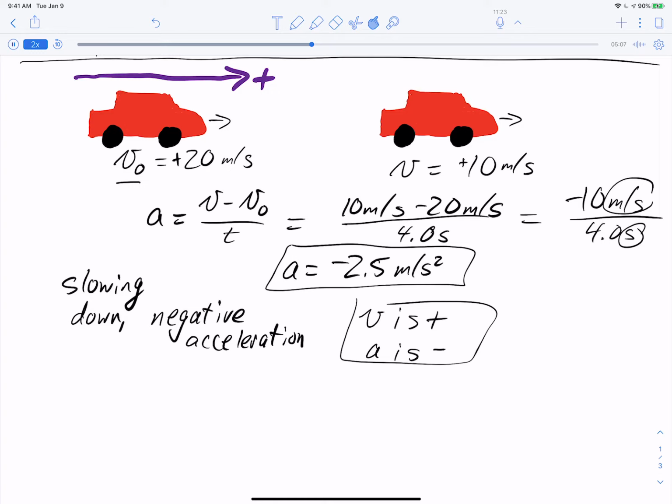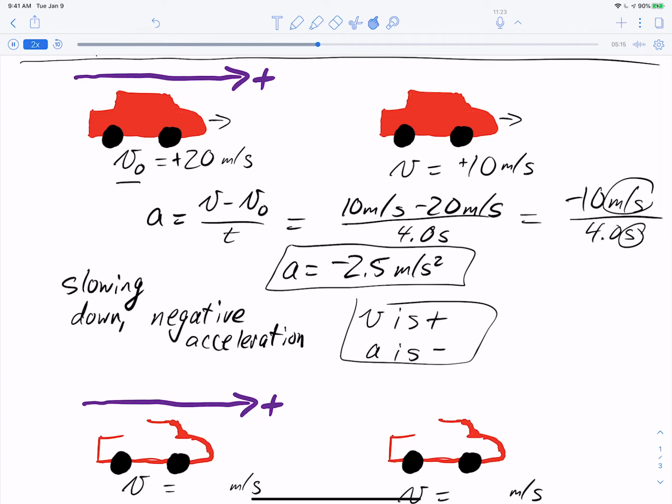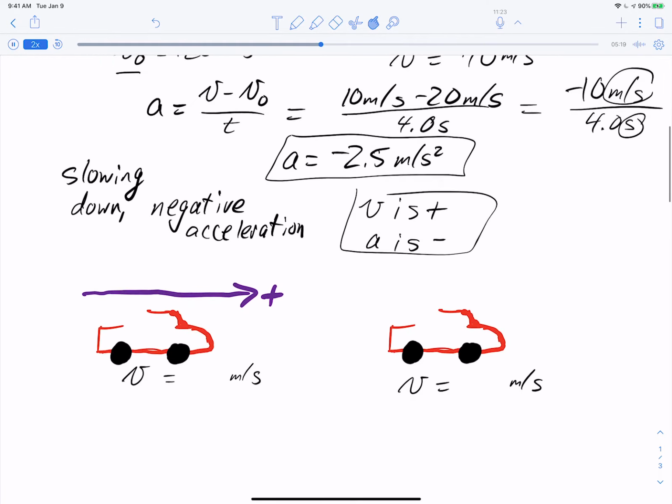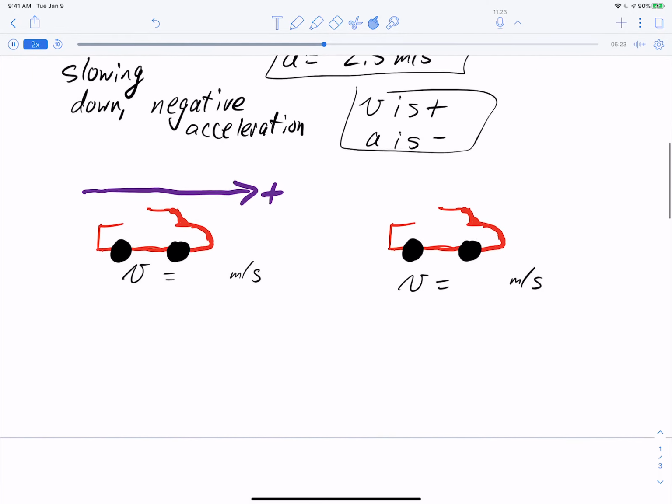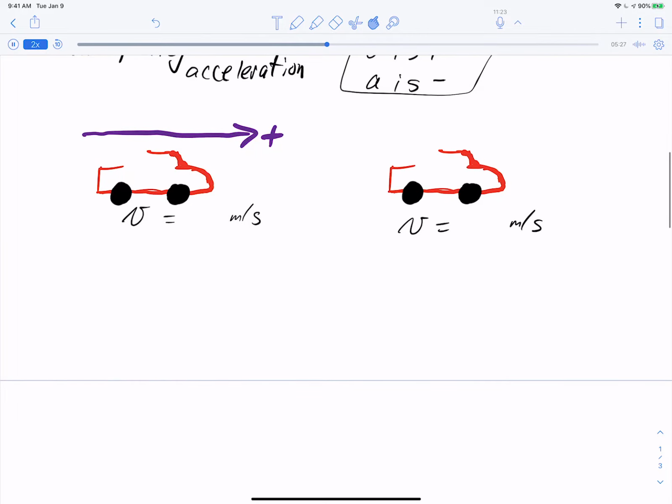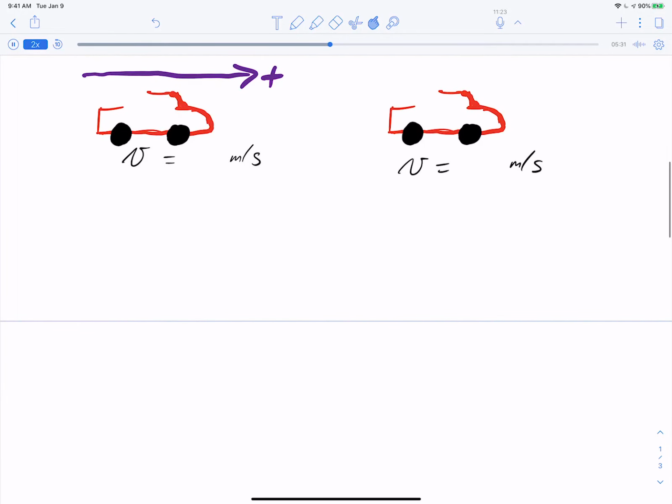All right, so now let's mix things up a little bit. So if I paste my picture here again, we still have the positive direction being to the right, but let me now erase these things. Let's say now that the car, and one benefit of drawing a bad picture is I can just erase a little bit, and erase a little bit there.